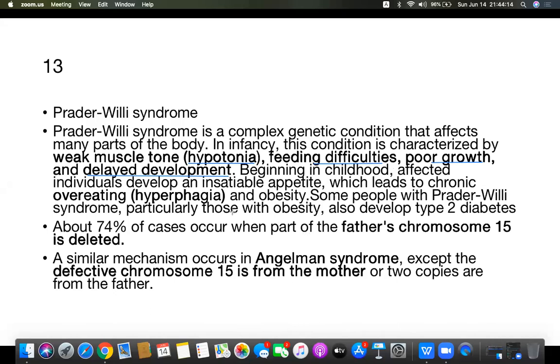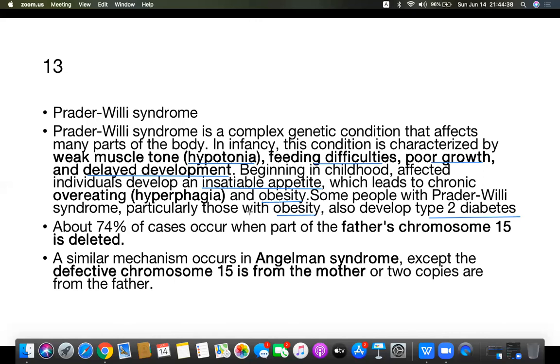Now, it has another very, very important problem, that is insatiable appetite. And as a result of this, these persons become obese very soon. And we all know there are some complications of obesity, like type 2 diabetes. So type 2 diabetes occurs in them quite early in life. Okay, and obesity, very, very important point.